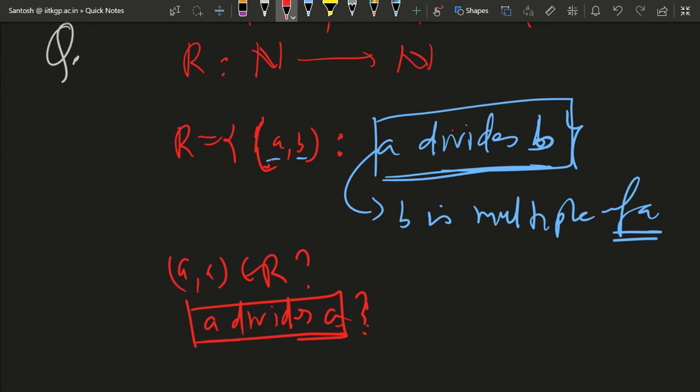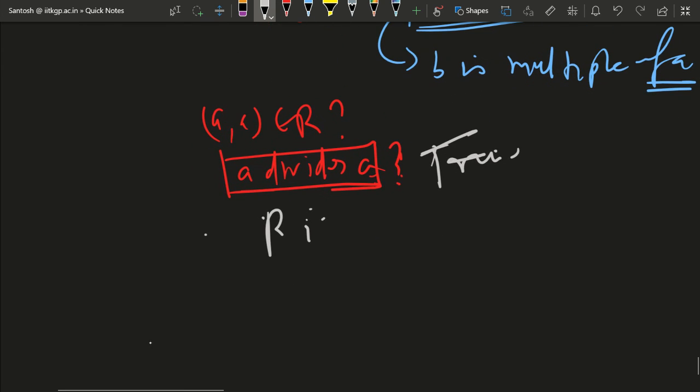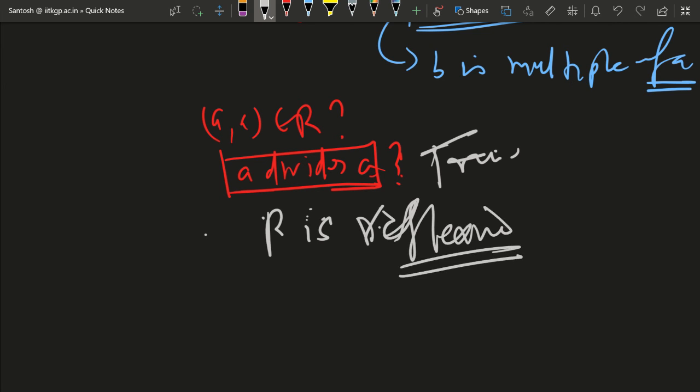Every number divides itself. True or false? True. So that's why it is reflexive. So this is reflexive. Therefore R is reflexive. So the relation is reflexive.